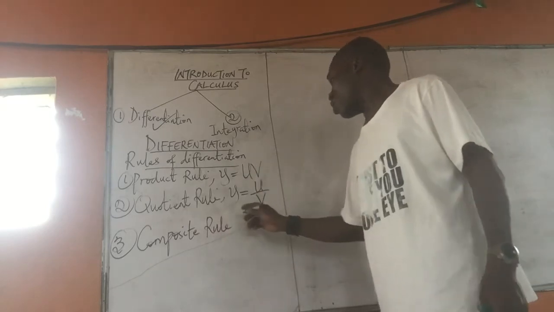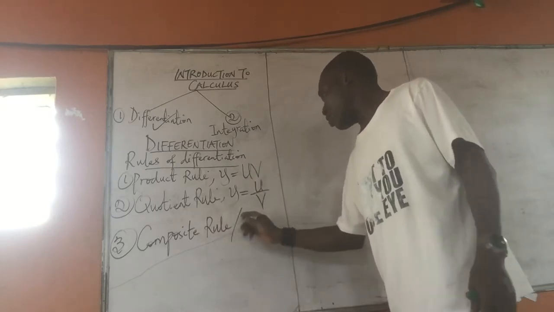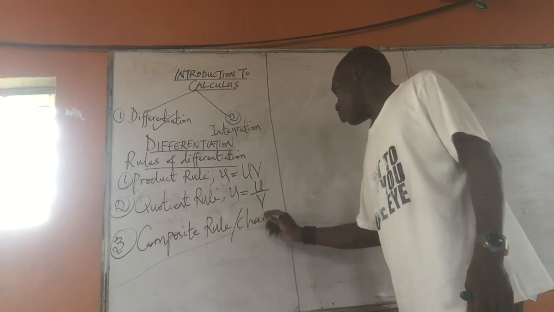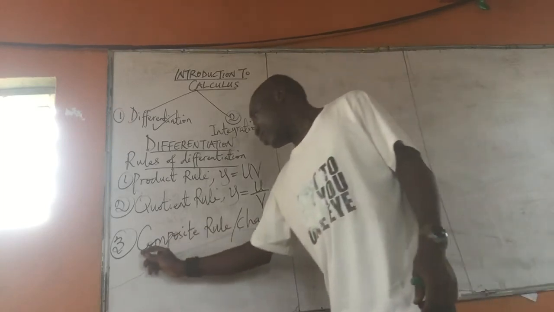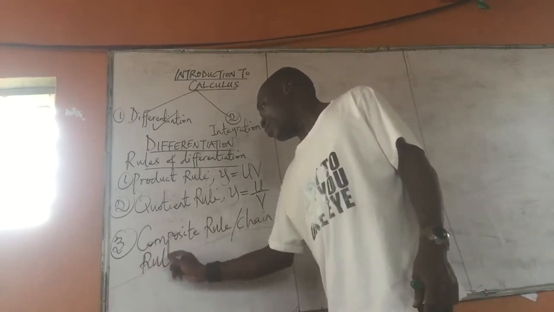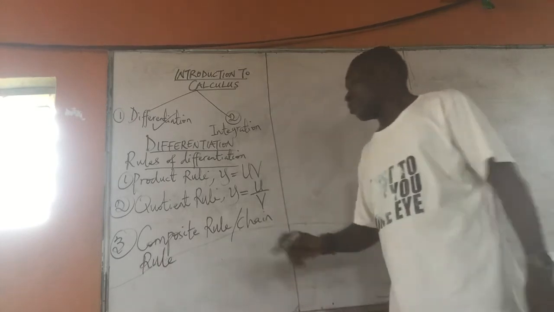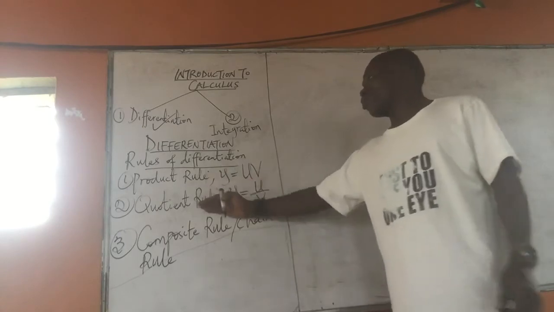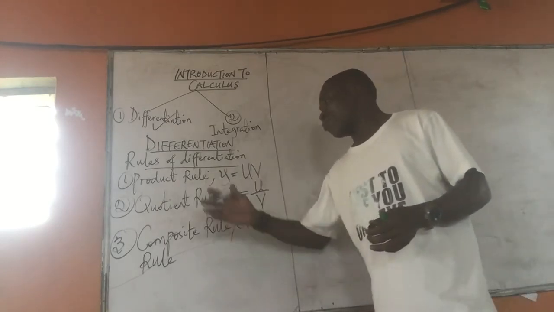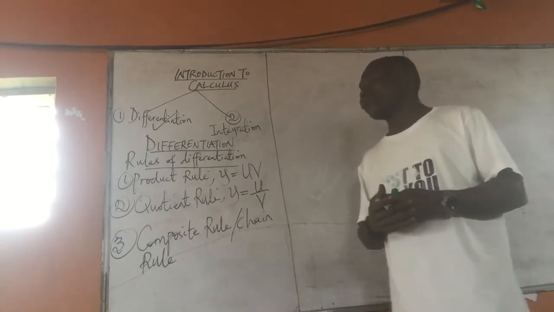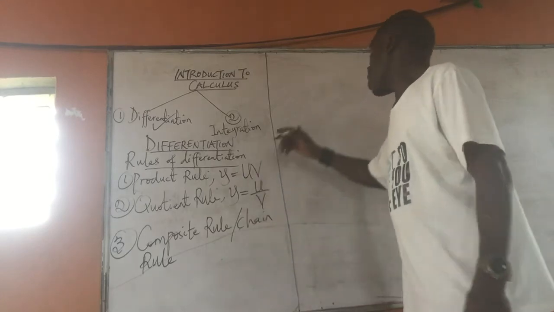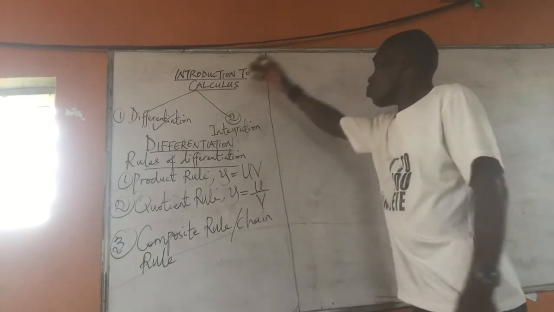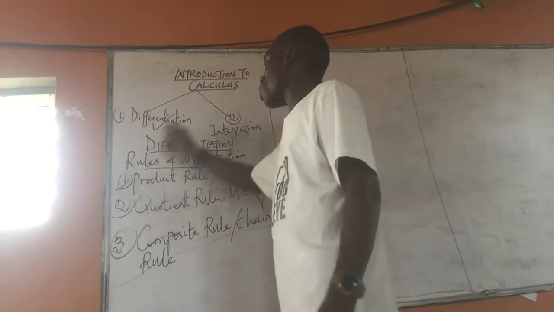Like I said before, it is also otherwise called the chain rule. So these are the three rules of differentiation: the product rule, the quotient rule, and the composite rule. I will be taking on the first one, which is the product rule.